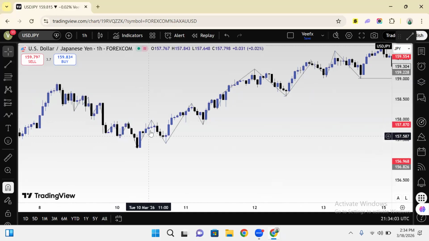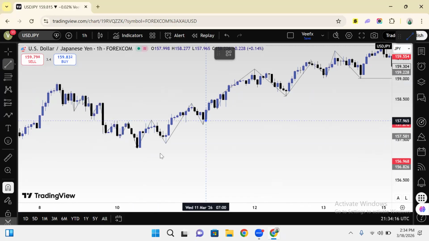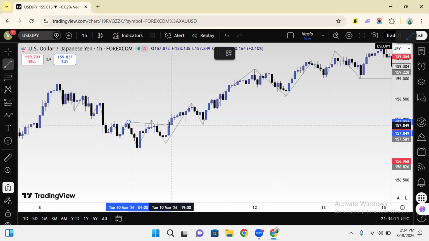This last low created a new high, and it gave us a low. But this low is not lower than this low. So we need to make sure that this last low takes out the last high. And when the last low took out the last high, this is your market structure shift here in this scenario.